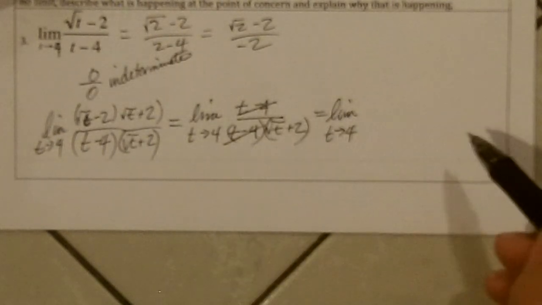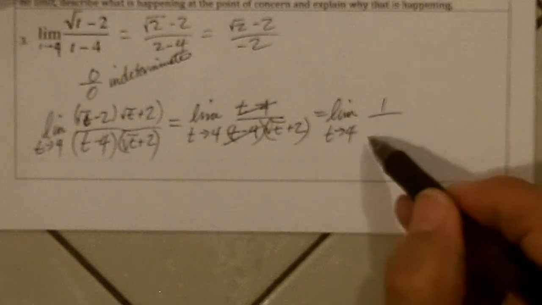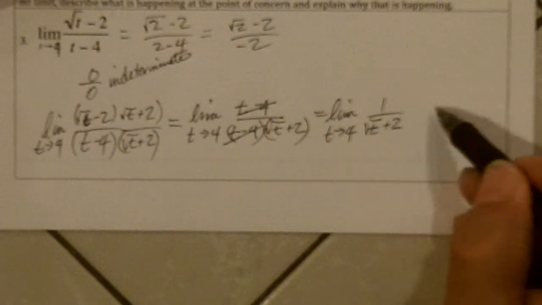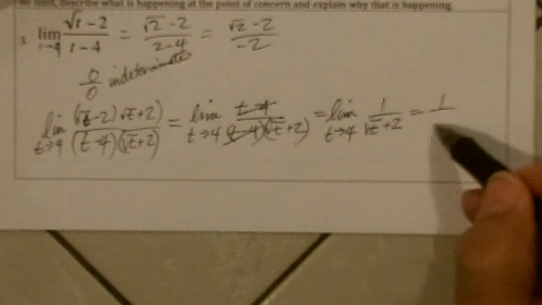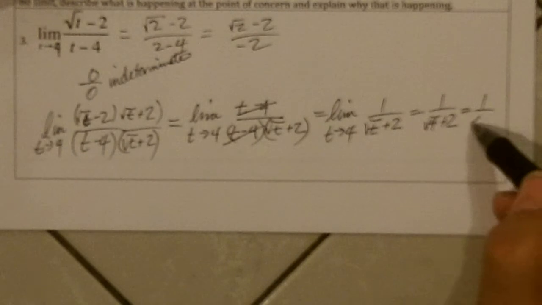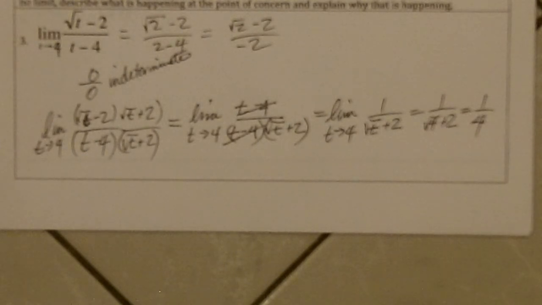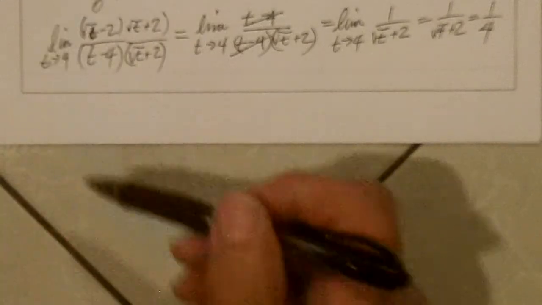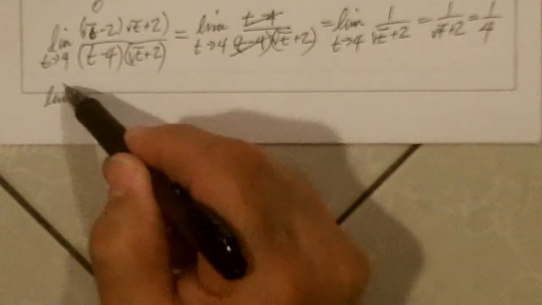These would cancel out and be 1 over the square root of t plus 2, which becomes 1 over the square root of 4 plus 2, or 1/4. The other that we've talked about in class would be to factor the denominator.